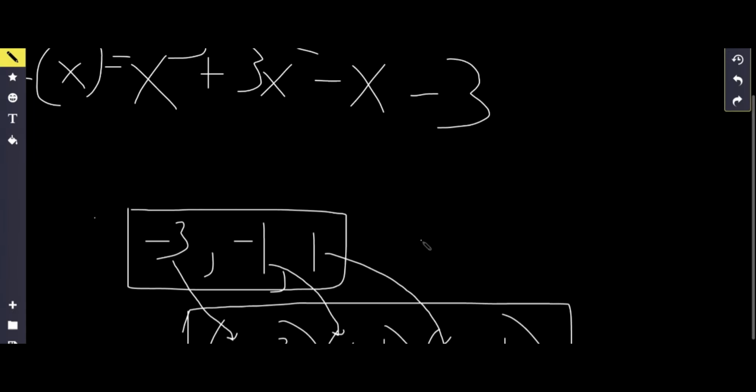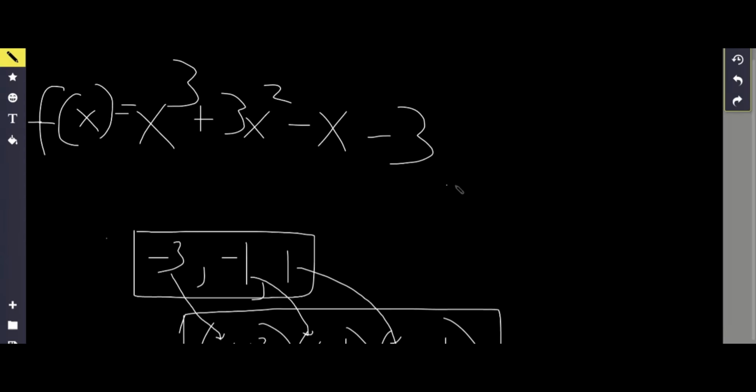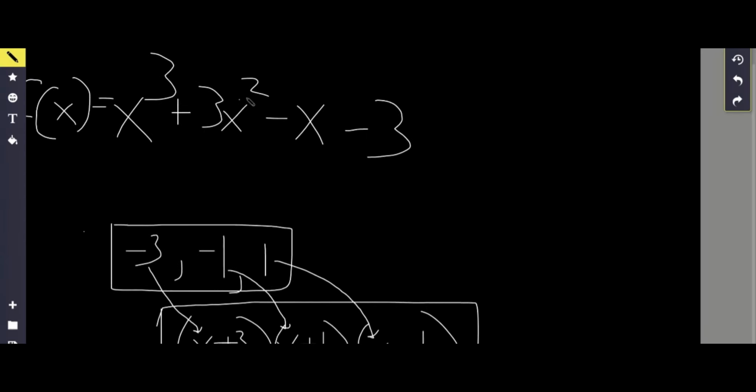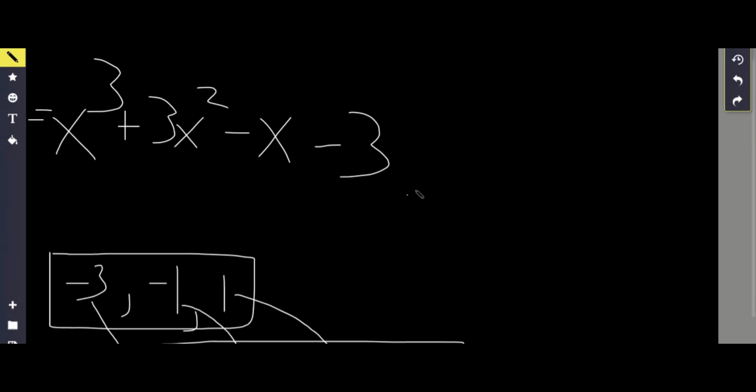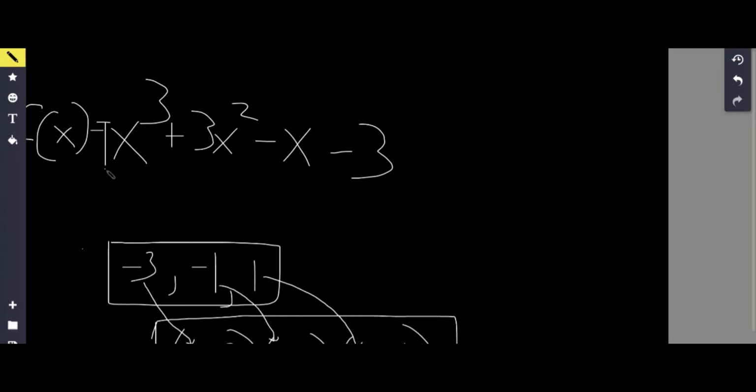So yeah, once you get the answers, if you wanted to show your work, you can use synthetic division. This is going to be in a future video, but I'm just going to show you. The coefficients of all of these terms are 1, 3, -1, and -3. And you can just choose one of the factors.